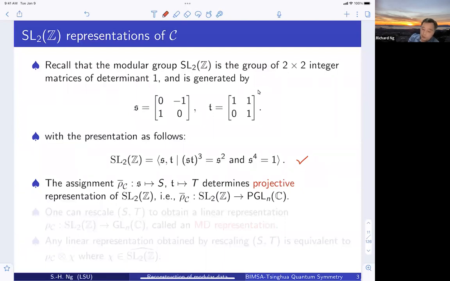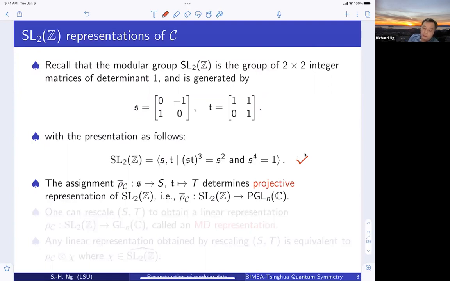Now, this representation is canonically defined for any modular tensor category. There's one thing which is not canonical, which is the order of the simple objects. So we ignore the ordering of the simple objects.